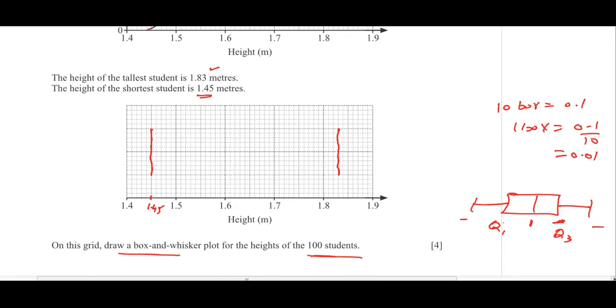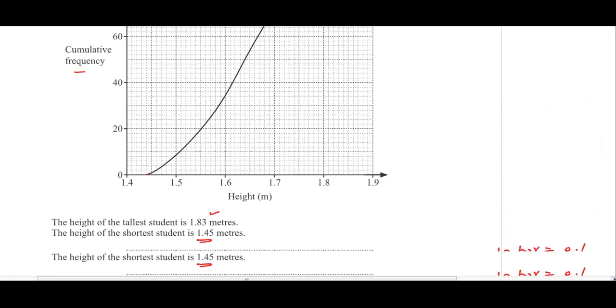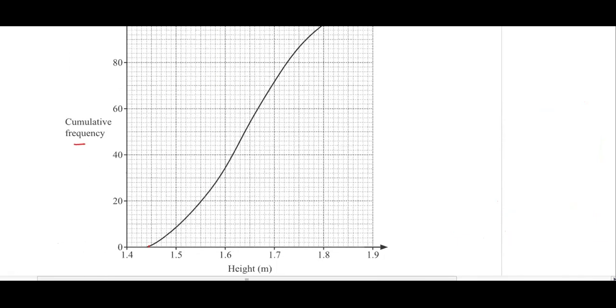So Q1 is the fourth. Q1 will be 100 divided by 4, which means 25. So from 25, where is 25 here? In this case, going on that side from 0 to 20, there are 10 boxes. It means each box is 2. So 22, 24, this is 25.